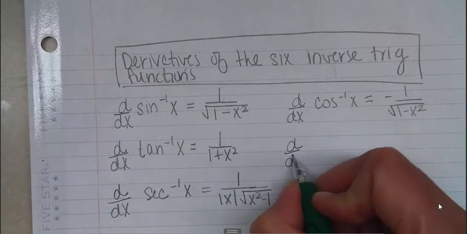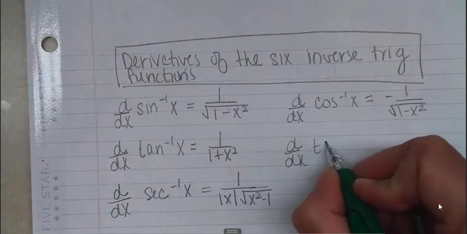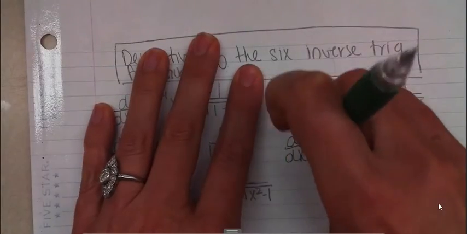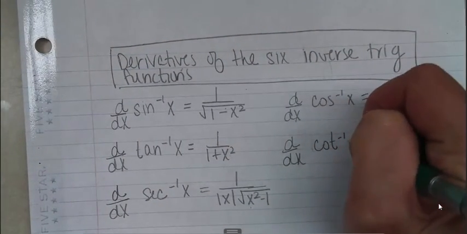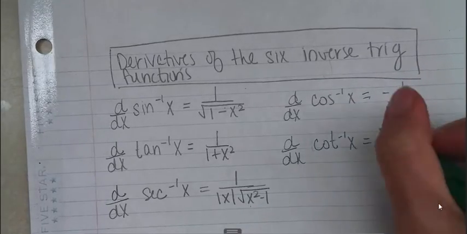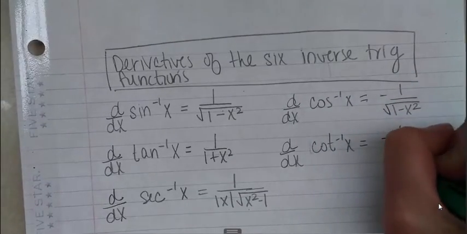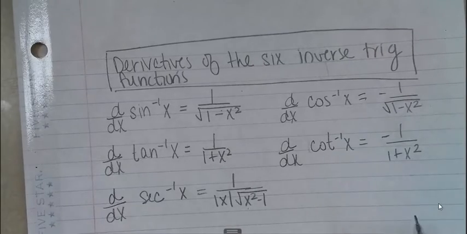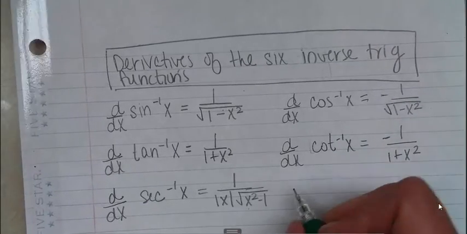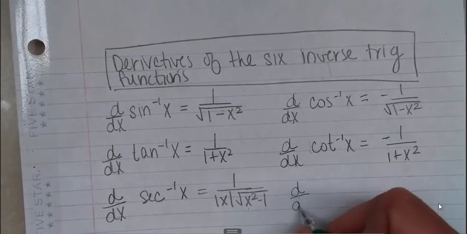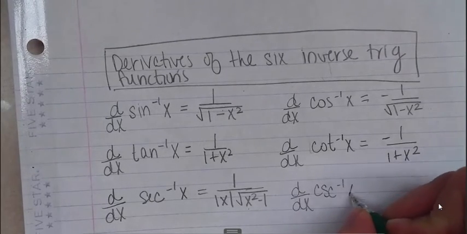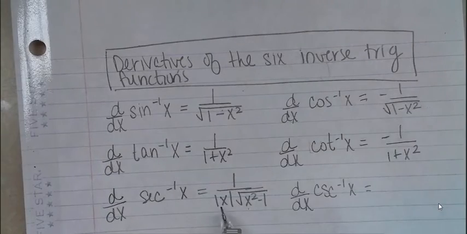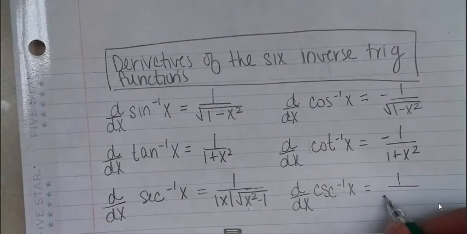The derivative with respect to x of cotangent inverse will end up giving you a negative 1 over 1 plus x squared. Right? Same exact thing, just a negative sign. And then the last one, the derivative with respect to x of cosecant inverse of x will end up being the exact same thing, just with a negative in front.